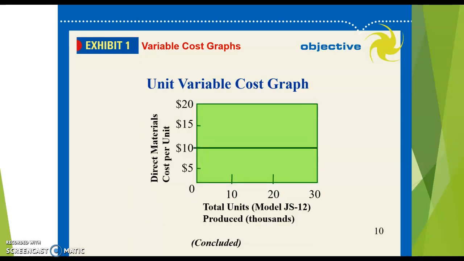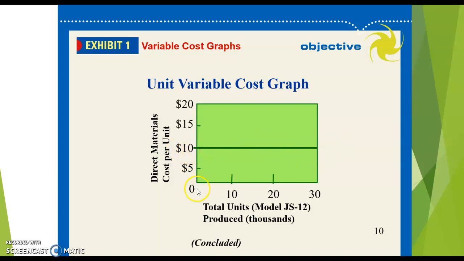Now this graph shows you a unit variable cost graph. In other words, how much does it cost us for one set of parts? Well, again, the number of units are on the x-axis and the dollars are on the y-axis. So it costs us $10 for each set of parts.